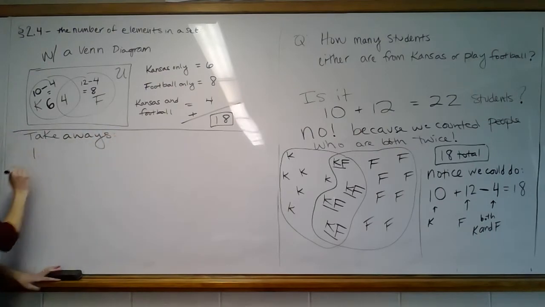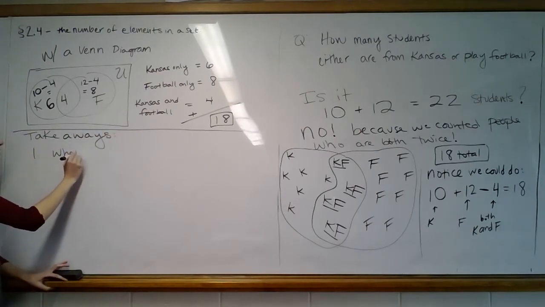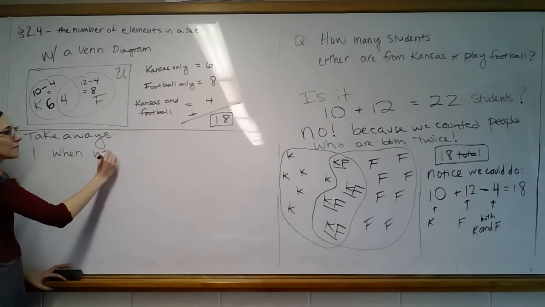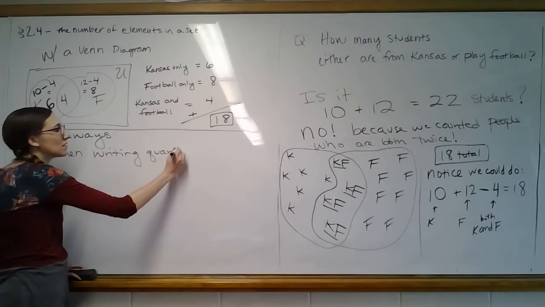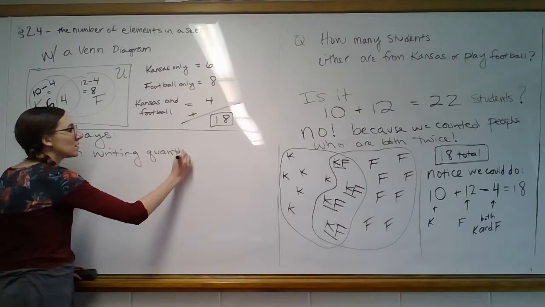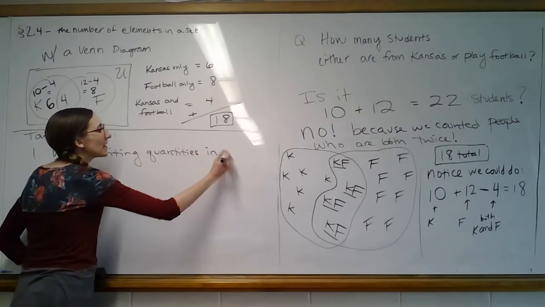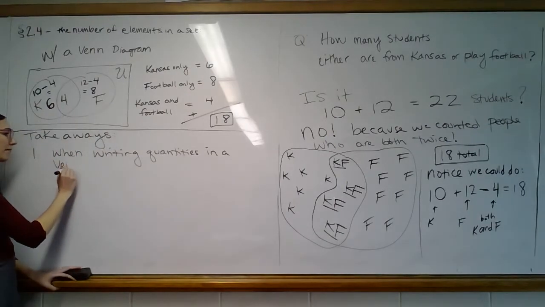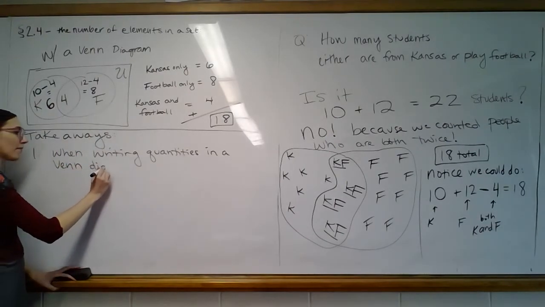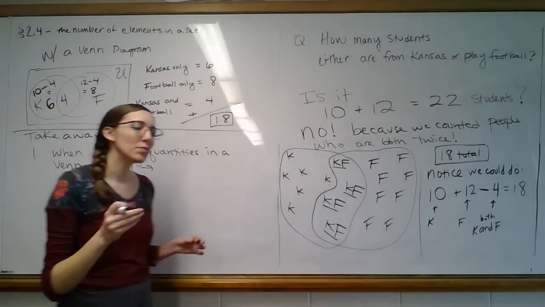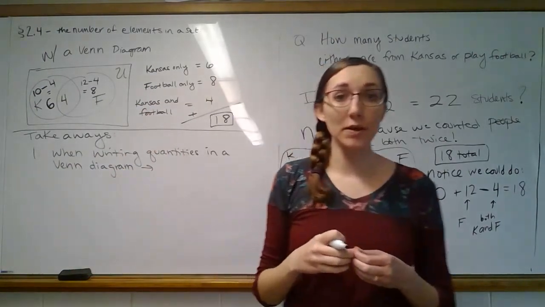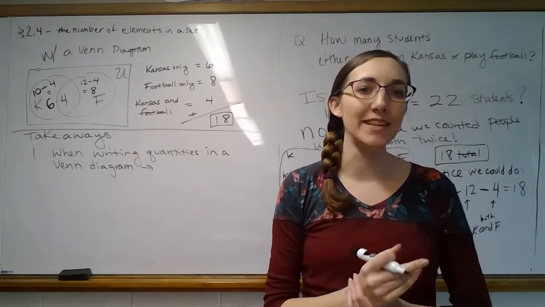The first one is this: when writing quantities in a Venn diagram, notice the thing that we started with was what was common to all of the sets.